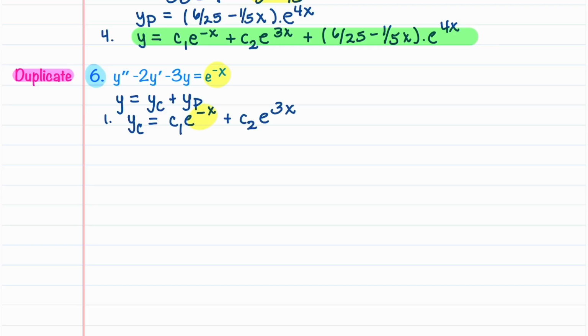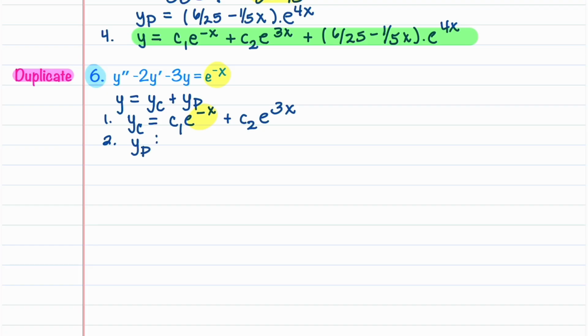Notice that the homogeneous solution has an e to the minus x, and our forcing term is e to the minus x. That means that we are going to have to take this into account when we find the form for our particular solution.